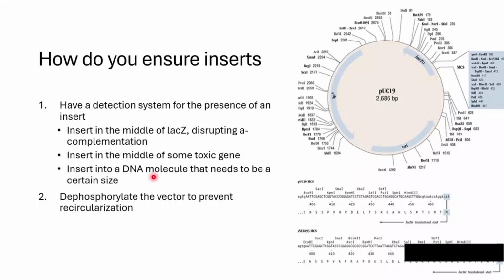So to avoid the plasmid religating on itself, you will dephosphorylate one of the sides, and you leave the other one phosphorylated. That basically prevents them from going back together. And so when you have it open like this, the side that is still phosphorylated will allow the reaction to ligate between your insert and your plasmid. Make sense? Okay. There are kits that exist to do this right now.